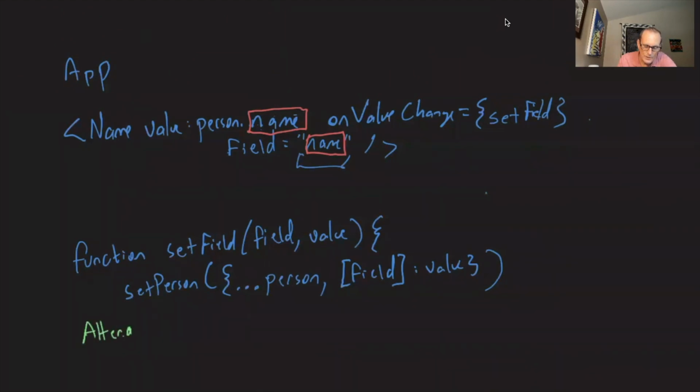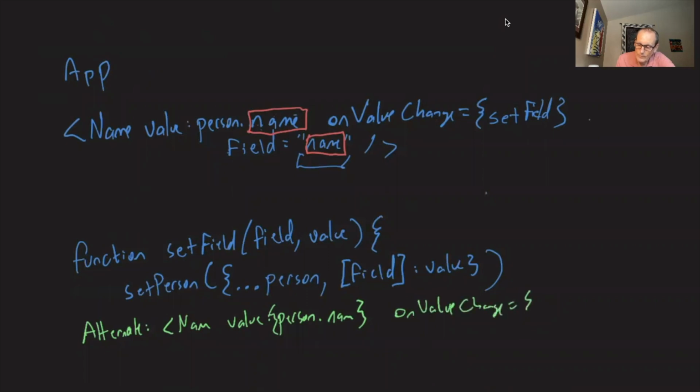So an alternate would be, we're still going to define setField, but then we're going to say name, value, colon, person.name. And then we'll pass in onValueChange, and we're going to make this an arrow function, and it's just going to get one value.